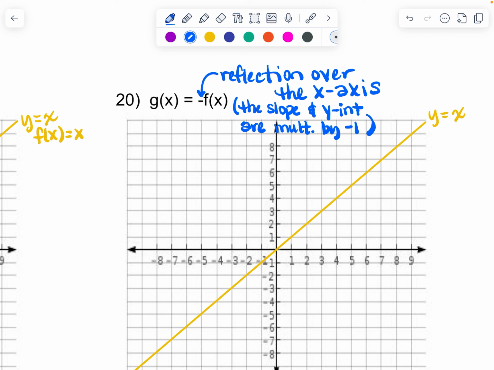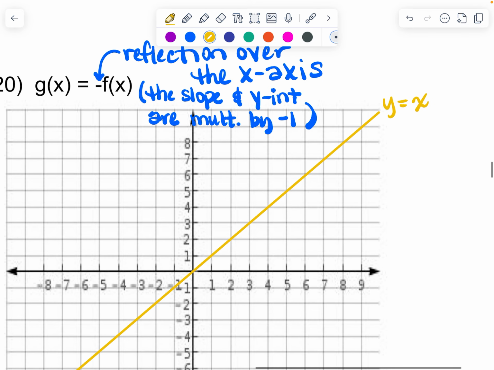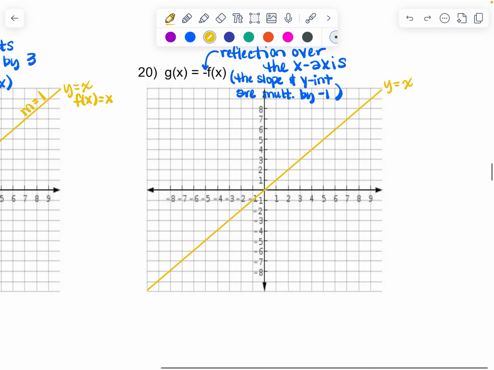That's what it means to be a reflection across the x-axis, that the slope and the y-intercept are both getting multiplied by -1. Now our slope is +1 for our current line, so obviously my slope is going to become -1, and the y-intercept is 0. Remember, there's a +0. So if I multiply 0 by -1, it's still going to be 0. So initially, the only thing that's really changing is that my slope is becoming negative, which means it's going to be a decreasing line.